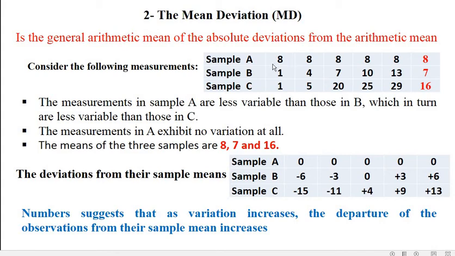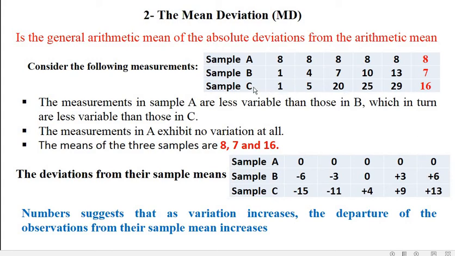The deviations of these observations from the mean in sample A are 0, 0, 0, 0, 0: 8 minus 8 equals 0, and so on. The deviations in sample B will be minus 6, minus 3, 0, plus 3, plus 6.